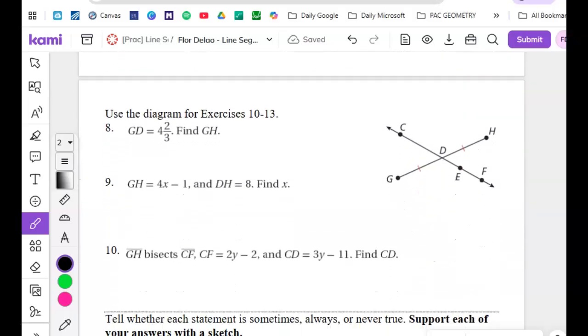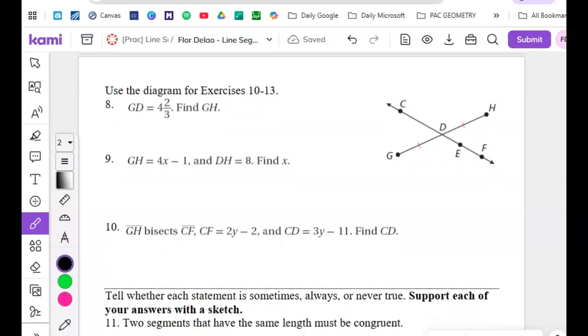Okay, let's try another one on number 8. 3 times 4, 12 plus 2. So this is 14 over 3. Times 3 plus 2, and the denominator.